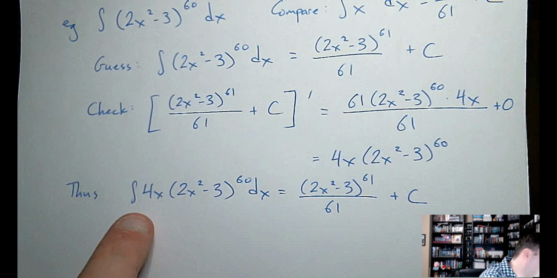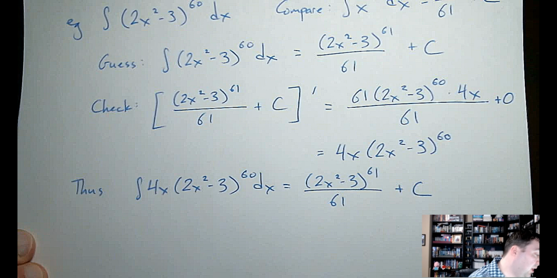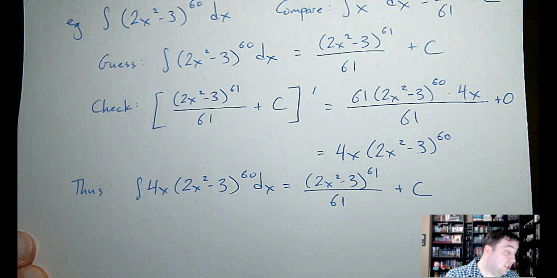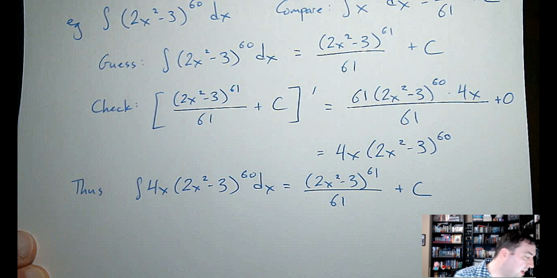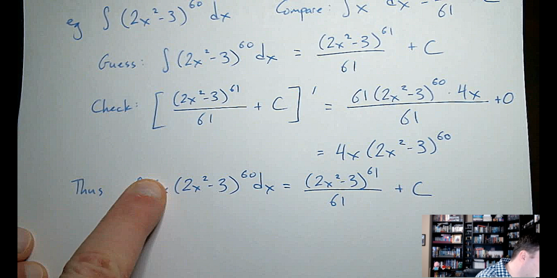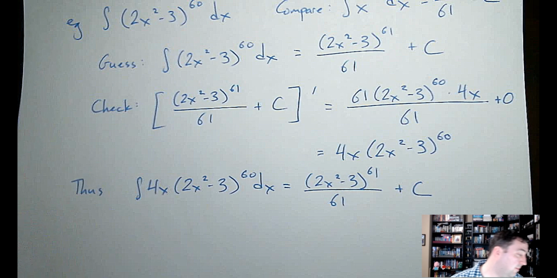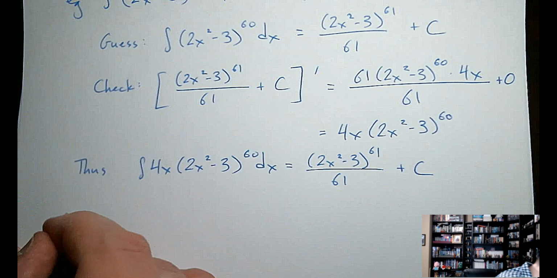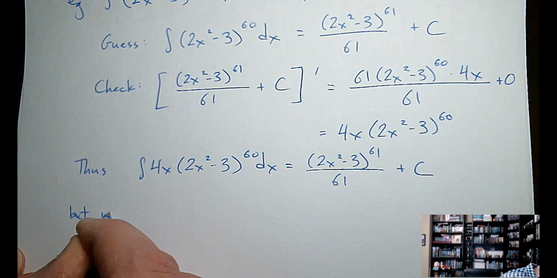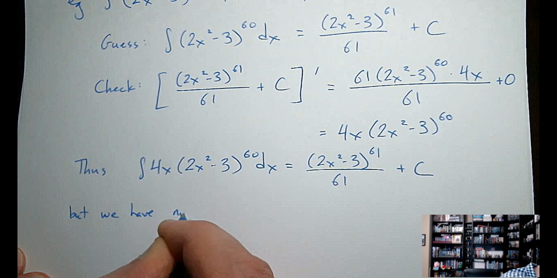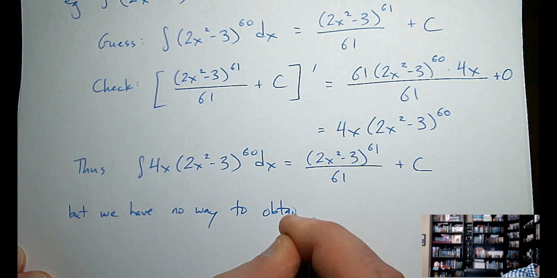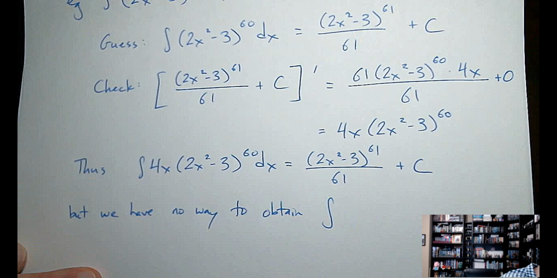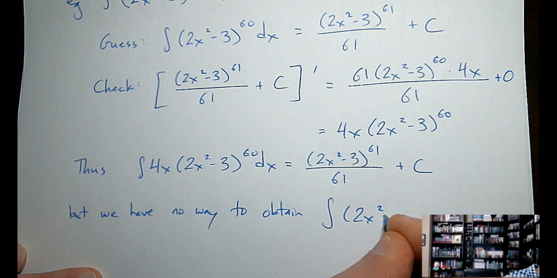But at best we could factor out the 4 and figure out the integral of x times (2x^2 - 3)^60, and that still doesn't give us any indication what the integral of (2x^2 - 3)^60 on its own would be. So we have no way to use this to obtain the integral that we're actually after, because we can't factor variables outside an integral.